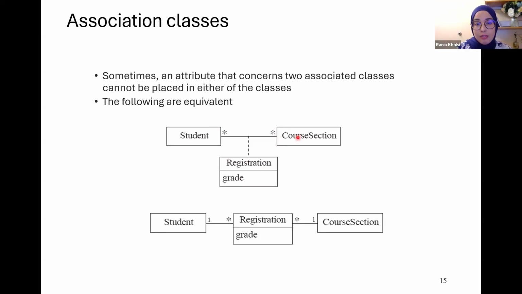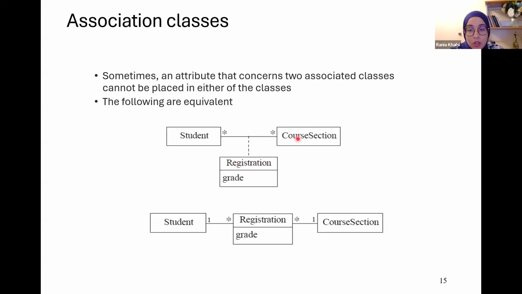In this case, we have the class Student and CourseSection. What we usually do is create a separate class, and this separate class associates both of these classes, between the student and course section.